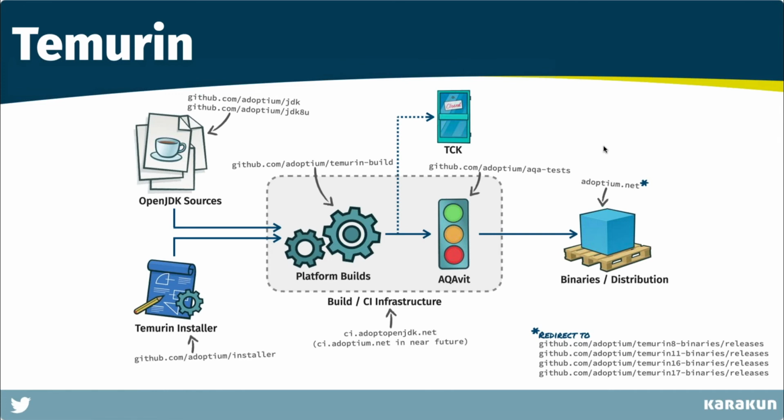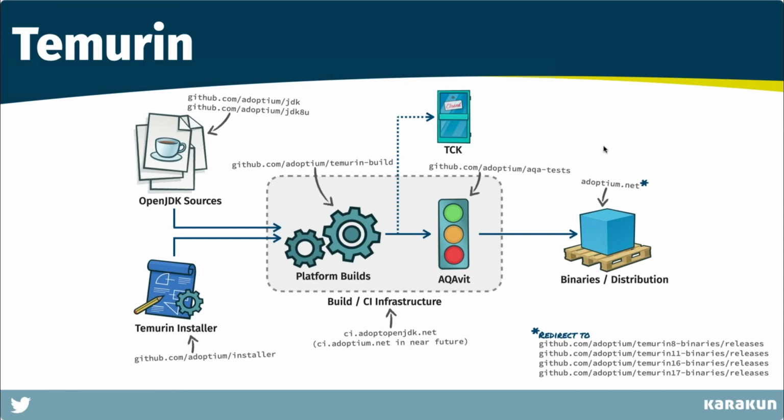The good thing, next to having this openness, is that we have defined a workflow and a definition of, I would call it, rock solid and enterprise-ready Java binaries, because those binaries pass the TCK and pass the Aquavit tests.